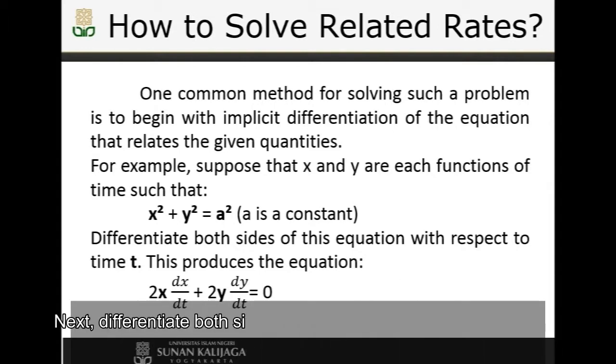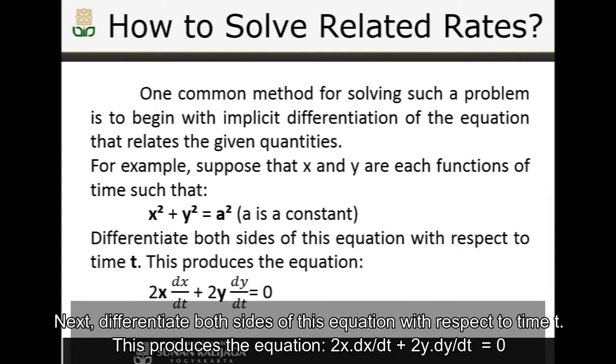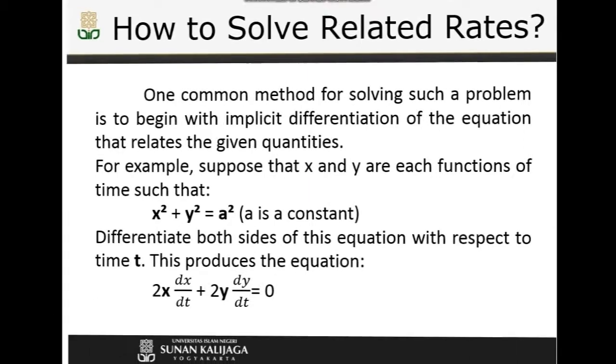Next, differentiate both sides of this equation with respect to time t. This produces the equation 2x dx over dt plus 2y dy over dt equals 0.